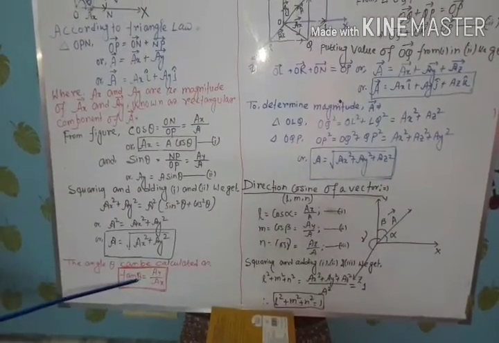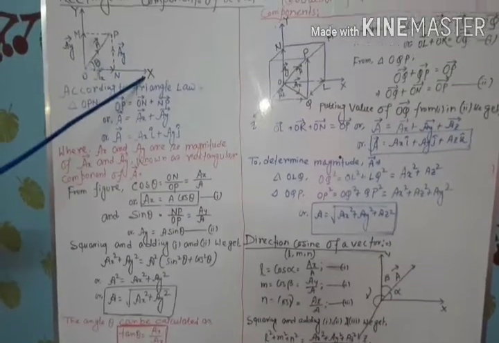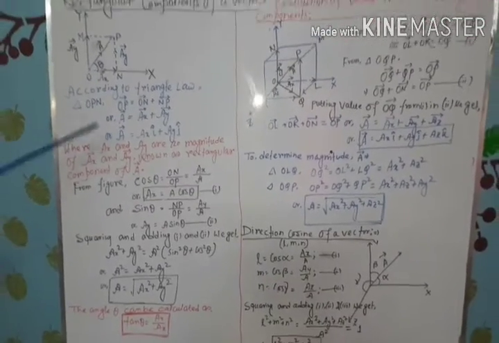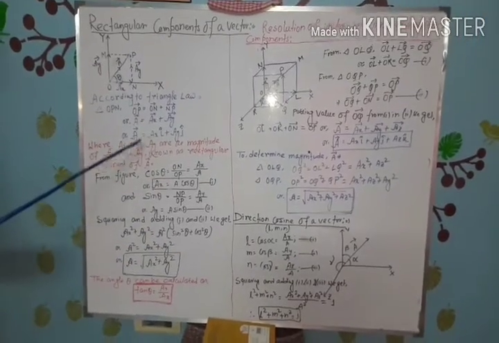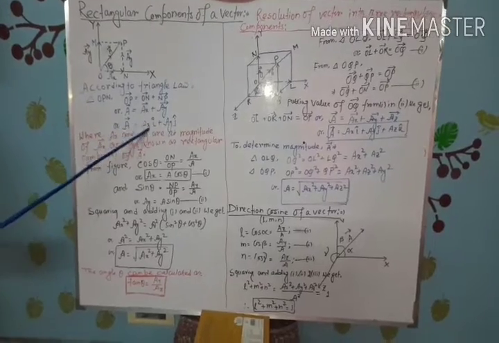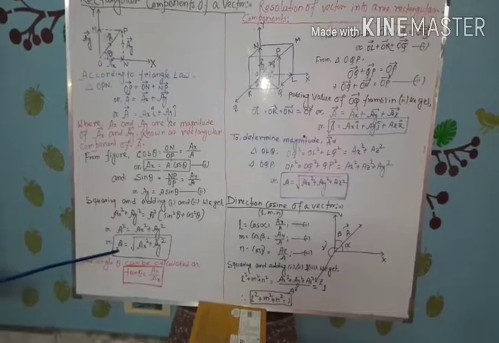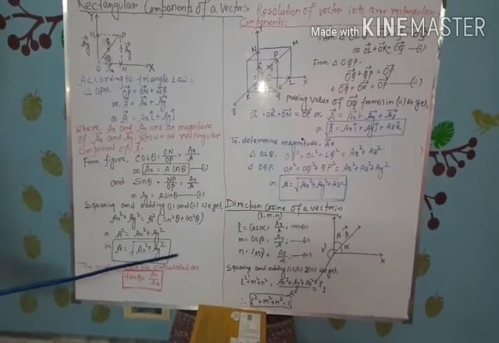So this theta is the angle which the A vector makes with the x-axis. Clear? So this is the overall concept of the rectangular component of a vector. And one thing you remember, wherever a vector is given like this, we can determine the magnitude by this formula: magnitude of this vector A equals root over of AX square plus AY square.